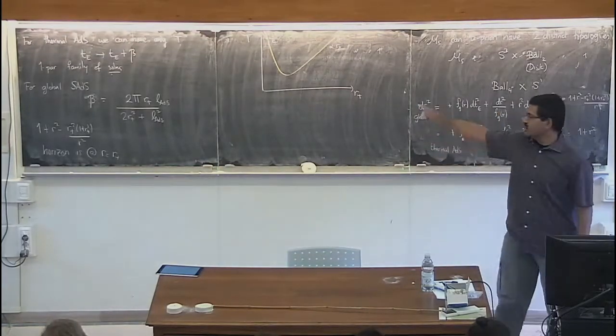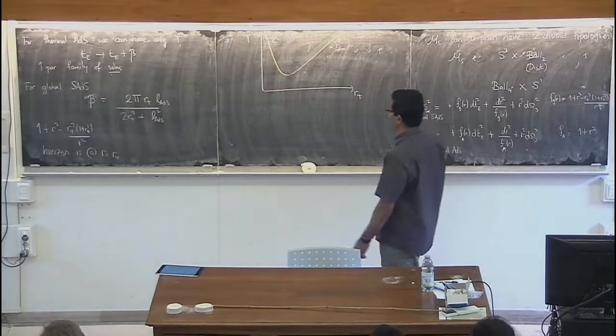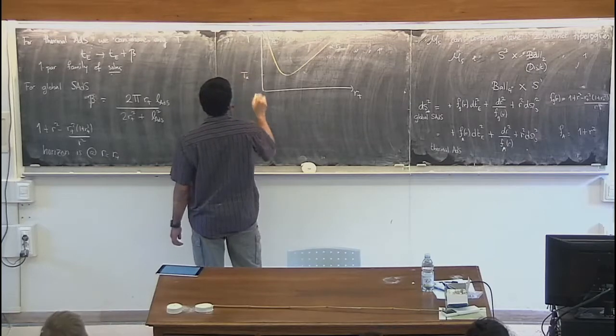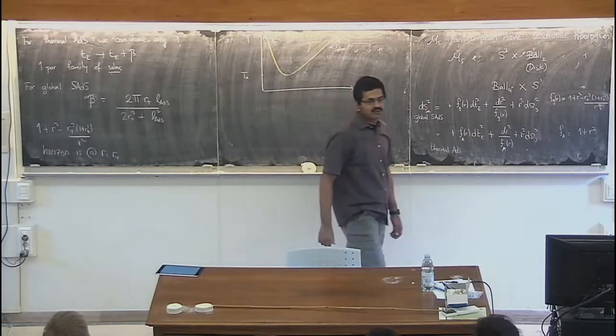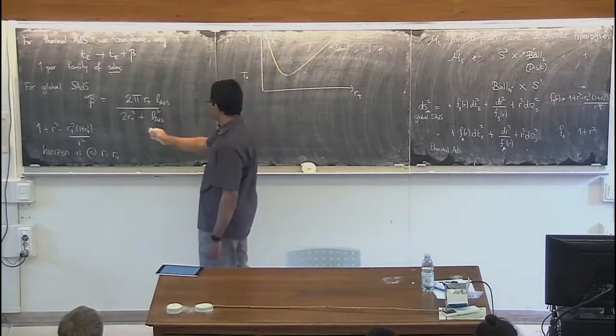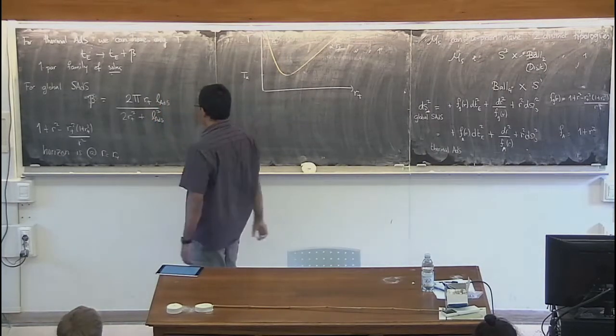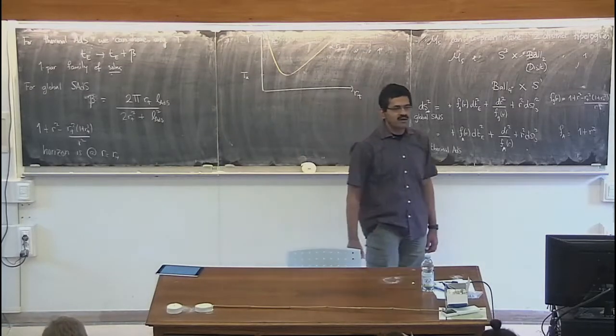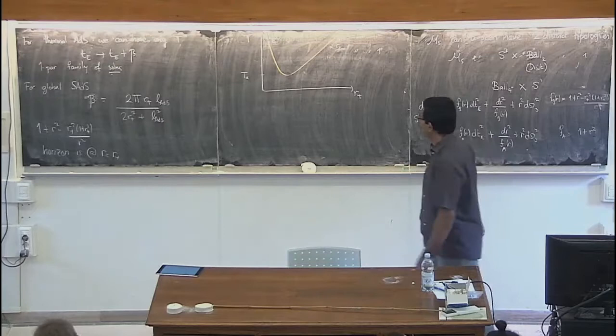And this curve has a turning point. It has a minimum allowed temperature, which you can work out. I think it's basically at r plus equals 1 over root 2 L_ADS or something like that, if I remember correctly.